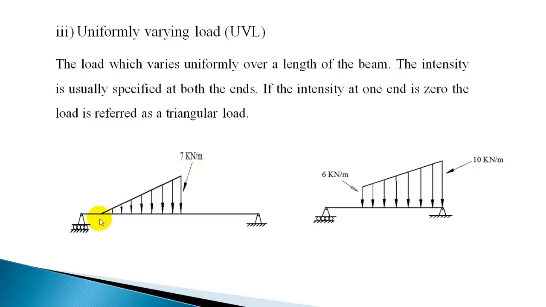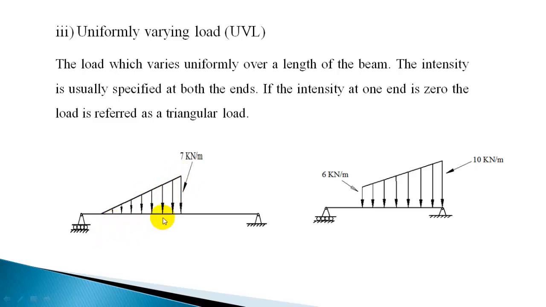This kind of load is a triangular load with 0 intensity at one side. In this case, on this side the intensity is 7 kilonewton per meter, and here it is 0. If it was 7 kilonewton per meter throughout the length, the load would be 7 into the span.